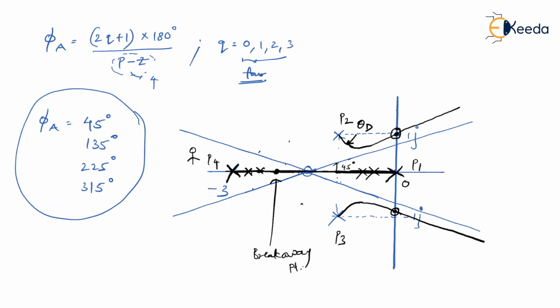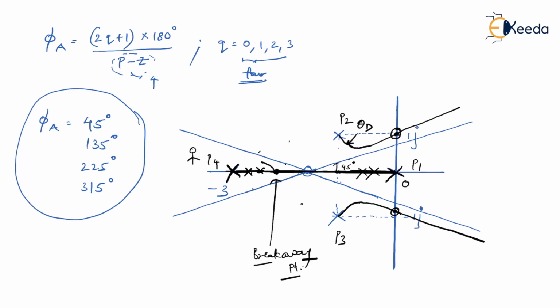Why breakaway point? Because this time you have to calculate the breakaway point, because two poles, as you can see, are traveling towards each other, so definitely they will collide at a particular point, and once they collide, they will leave the real axis at a particular point. And if you remember, if they are leaving the real axis at a particular point, that point is basically called the breakaway point.